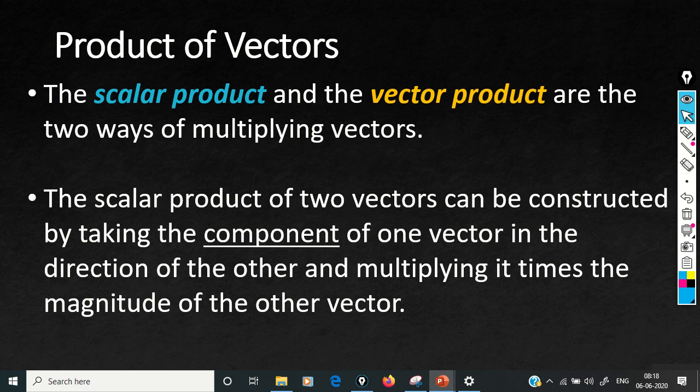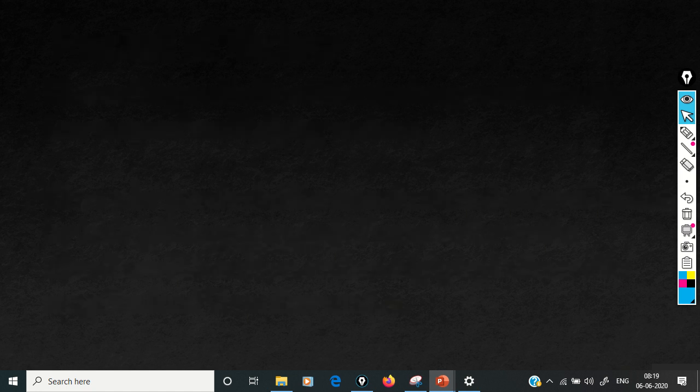The scalar product of two vectors can be constructed by taking the component of one vector in the direction of the other and multiplying it times the magnitude of the other vector. So let us see into the details.